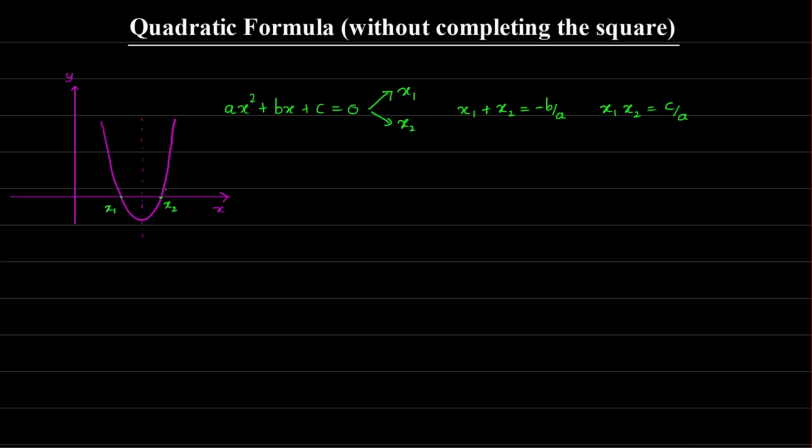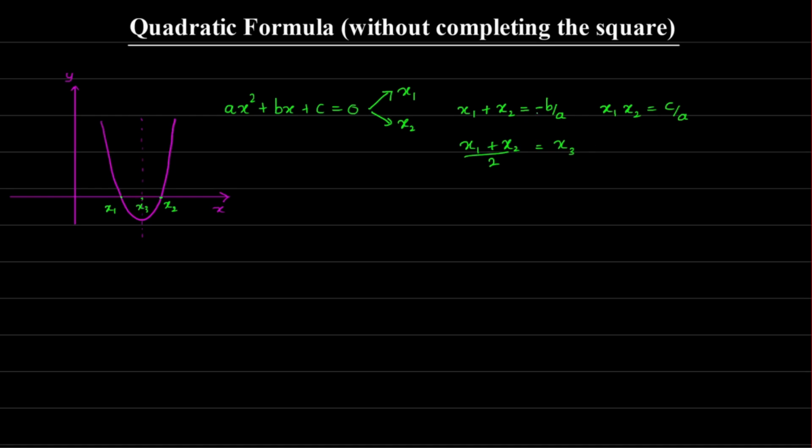Due to the symmetrical property of any quadratic curve, the center is an equal distance away from x1 and x2. Let's call that point x3. Therefore, x3 is equal to the average of x1 and x2.